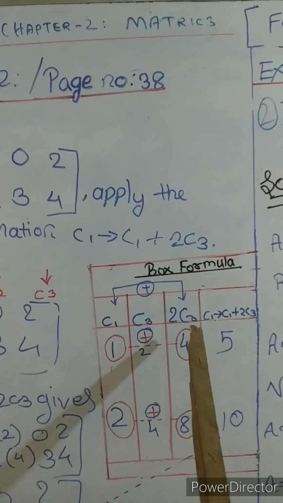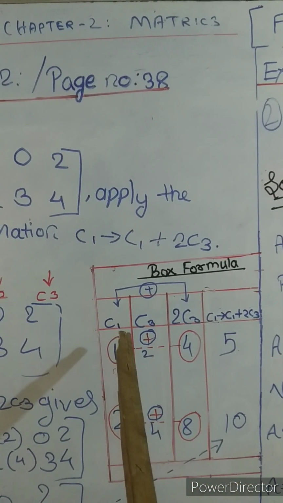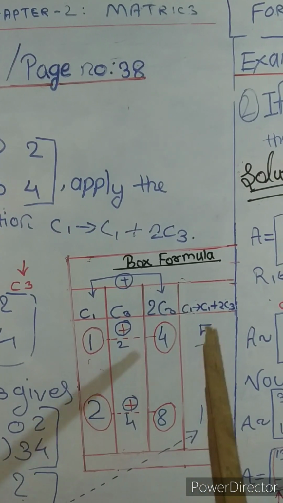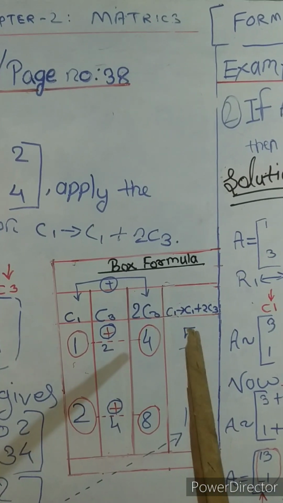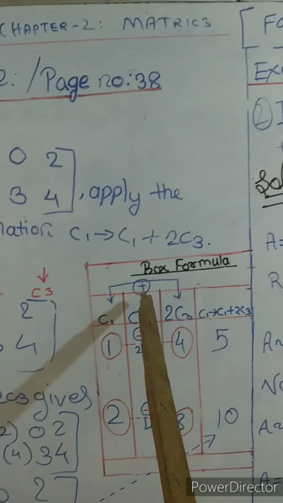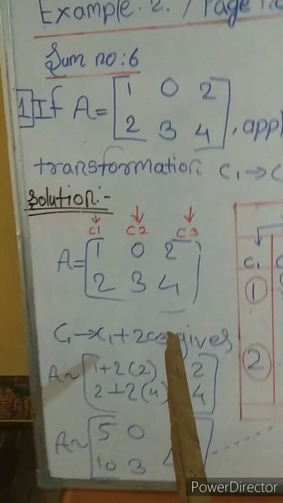Next C3 only we have written here. Next C1, C3, 2C3, and C1 gives the entire equation C1 plus 2C3. This is the box formula for finding the answers of these transformations.